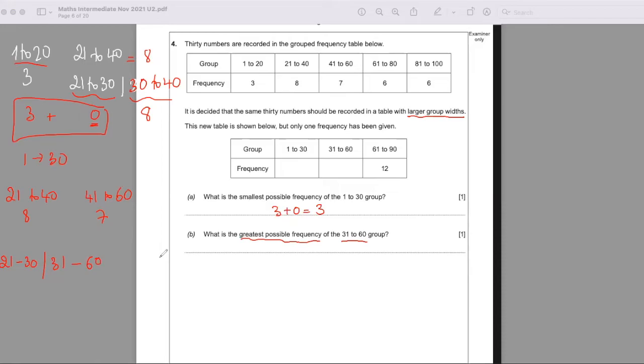Now, the greatest possible frequency would be having all of these 8 here go in that group. So between 31 to 40, all that 8 go into that group and none in 21 to 30. So 8 plus 7, and that would be 15.